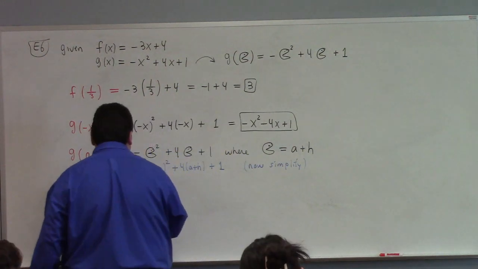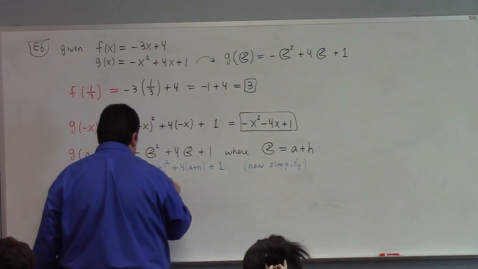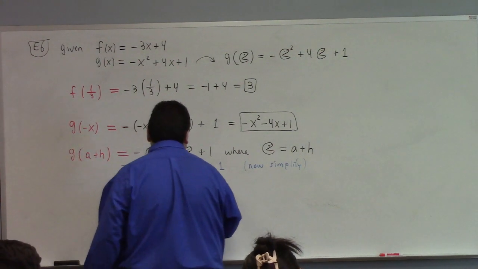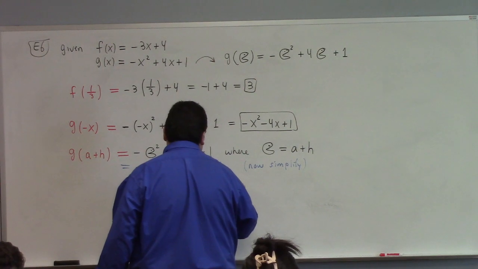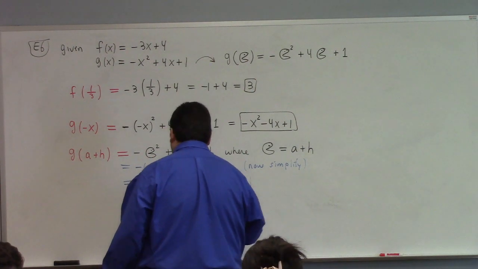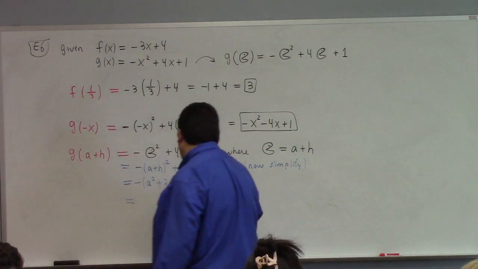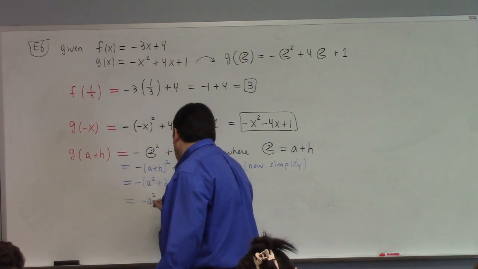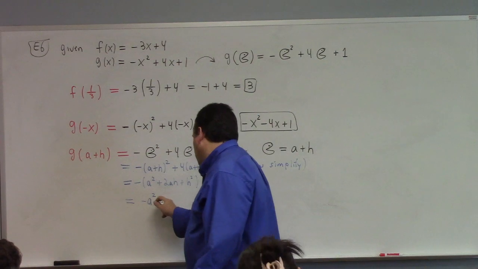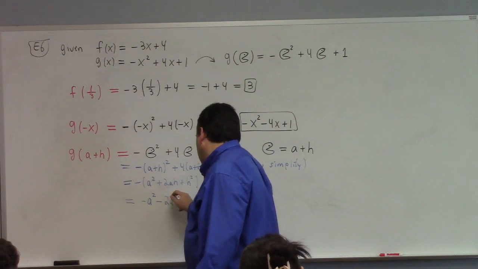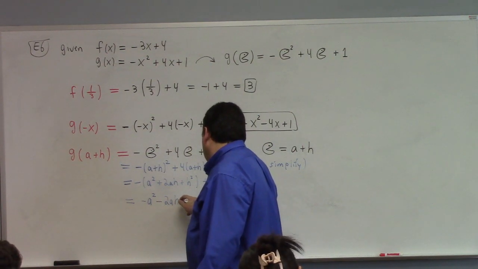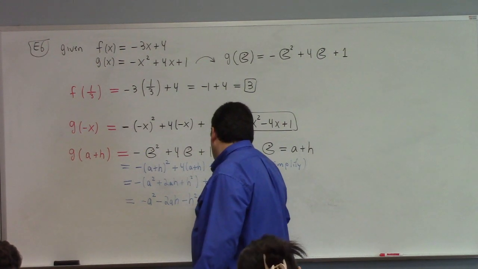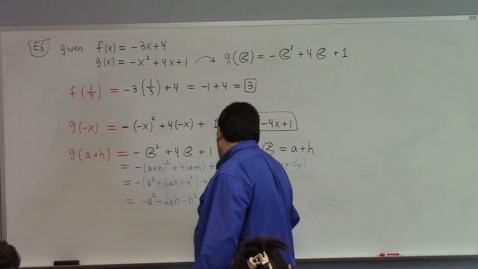We would do minus, we've got a squared plus 2ah plus h squared, plus 4a plus 4h plus 1. So we've got minus a squared minus 2ah minus h squared plus 4a plus 4h plus 1.